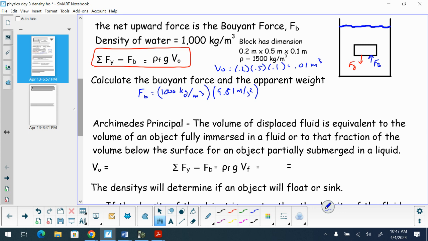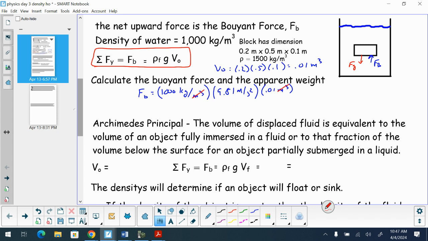Okay, and that's in meters cubed. I added my units in here just so we could see what's going on. The meters cubed are going to cancel out, and my units are going to be left with kilograms meters per second squared, which is a newton.